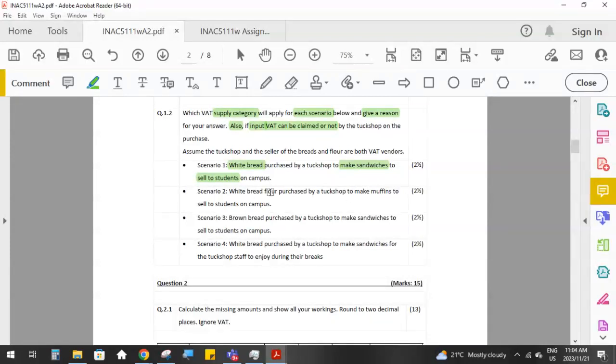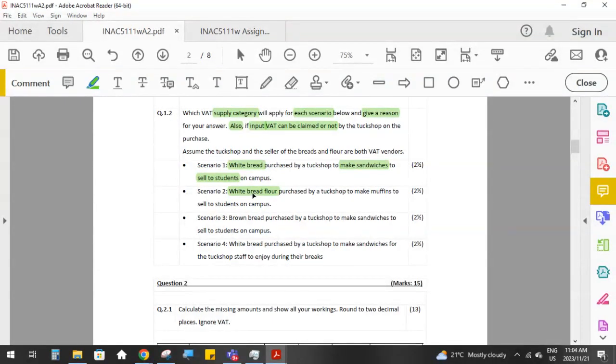Then in scenario number 2, it is white bread flour that they purchased. I did include in the information that I gave you about the assignment a link for those, which I think we've now got 21 zero rated items in South Africa, and white bread flour, in actual fact any kind of flour that you purchase, is now a zero rated item.